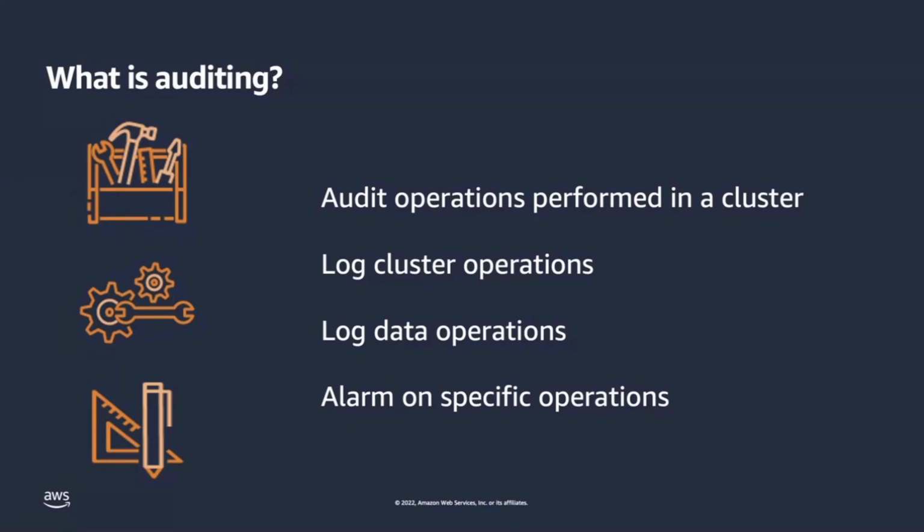They could be DDL operations that modify databases, collections, or indexes. And they can be data or CRUD operations on the data itself in the database. Now, similar to the profiler logs, audit logs are written to CloudWatch Logs. So you can do all of the same types of things that we saw previously with profiler logs on the audit logs.